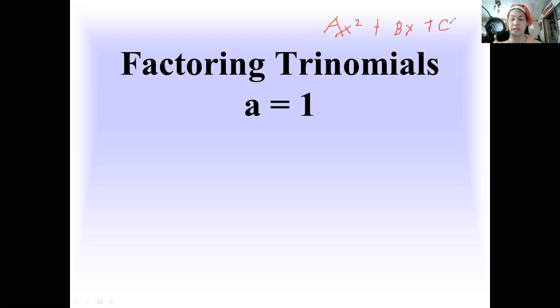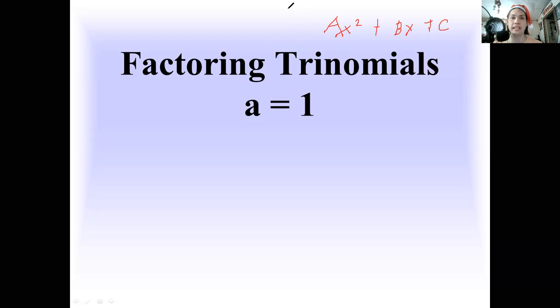It depends on your a, which can be greater than 1 or equal to 1, but a is not equal to 0, or else this will become a linear polynomial. A quadratic trinomial has three terms, and of course its highest degree is 2. So it can be written as ax squared plus bx plus c.